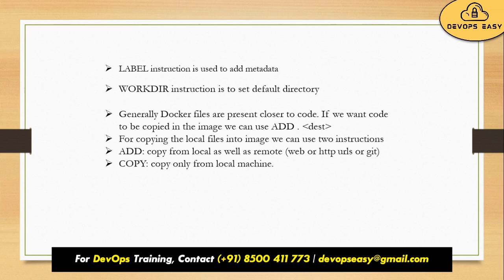In the interview they will ask, what is the difference between ADD and COPY? With ADD, you are able to download from URLs, nothing but web URLs. I have taken the S3 bucket URL, right? But COPY will not support those URLs. COPY only supports local.